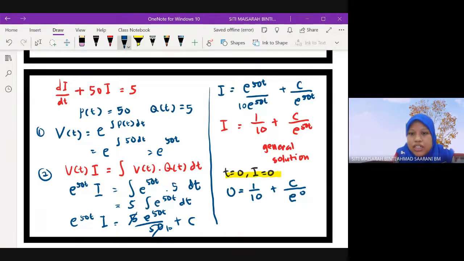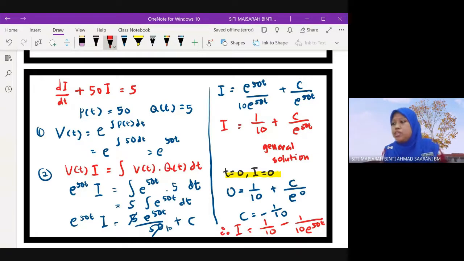So jadi kat sini C over E power 0 is actually C. So jadi C is equal to negative 1 over 10. Dan finally our I is I equals to 1 over 10 minus 1 over 10 E50T. So this is our particular solution. Itulah.